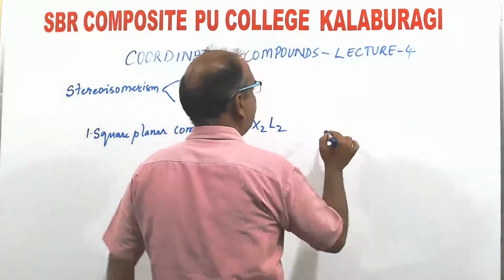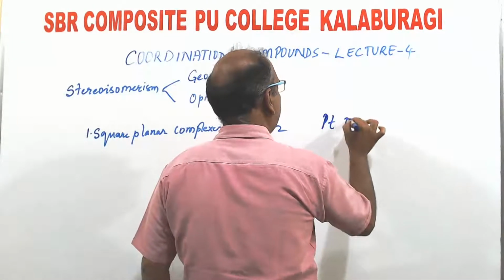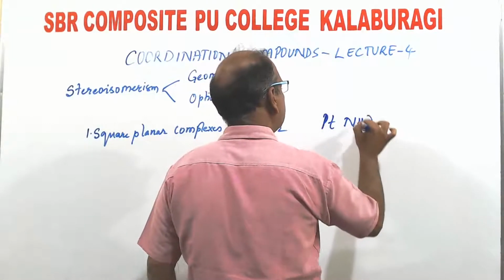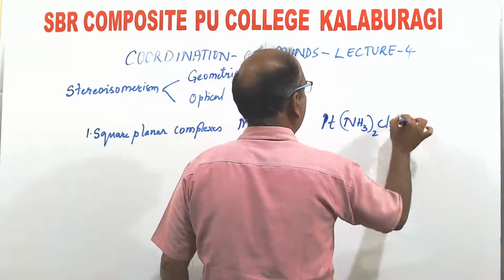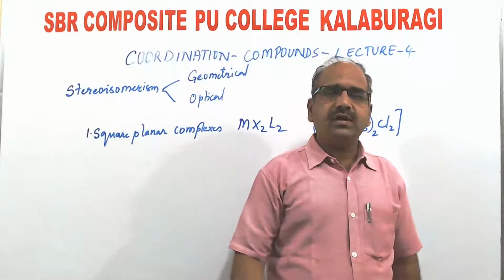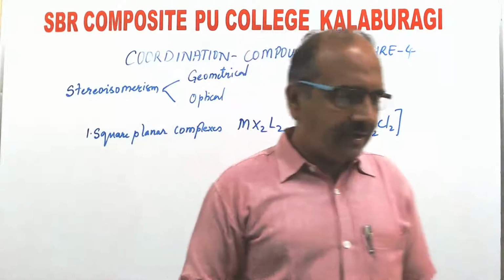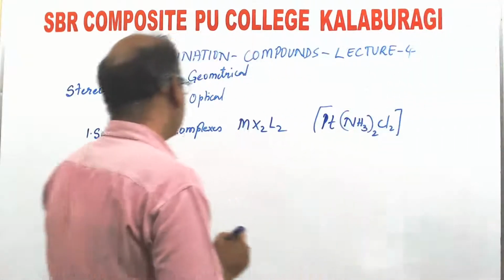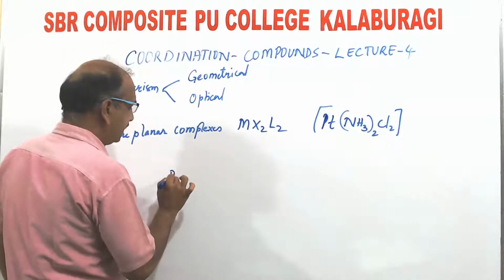In this, we have the example of Pt(NH3)2Cl2. Both NH3 as well as Cl are unidentate ligands. Now how can they be arranged?